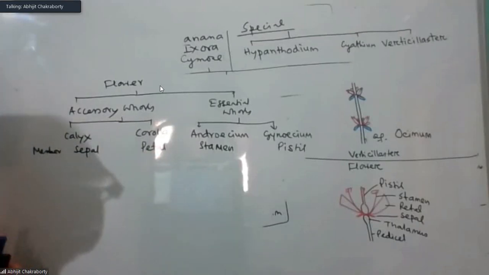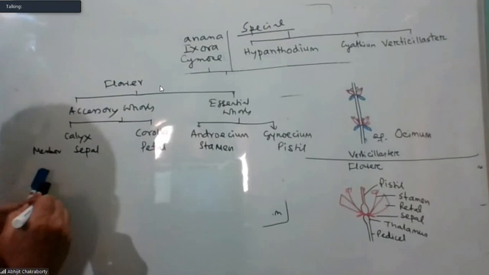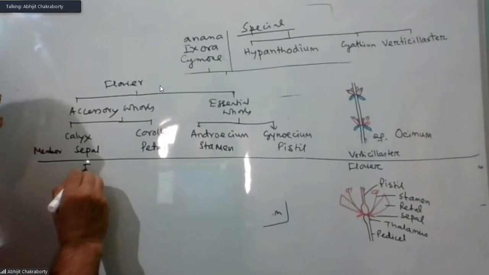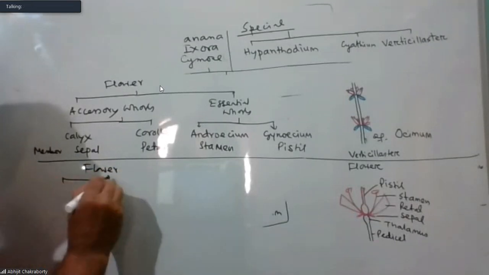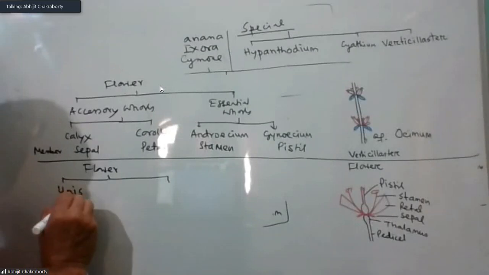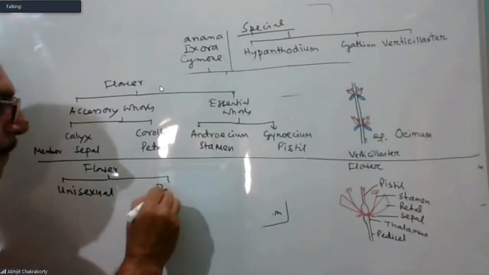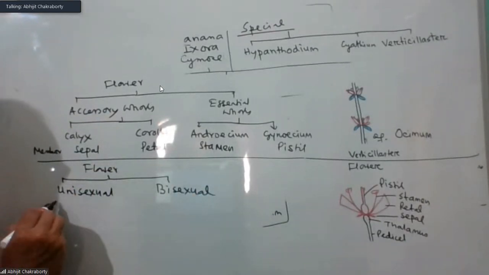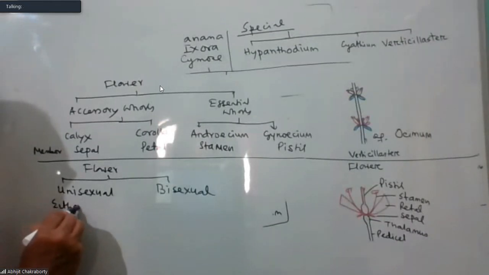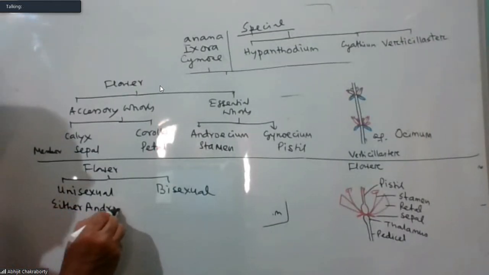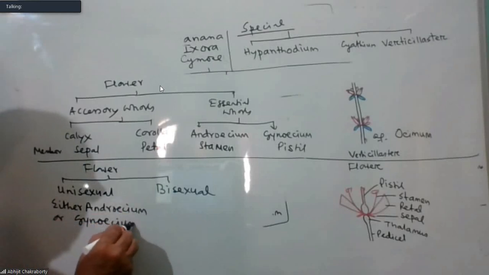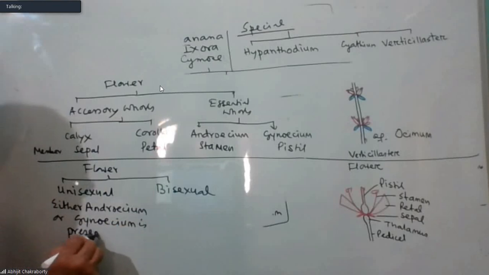Then, regarding the classification of flowers, a flower may be classified as unisexual, where either androecium or gynoecium is present.